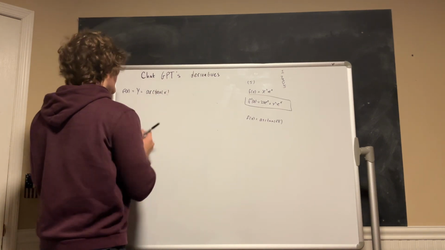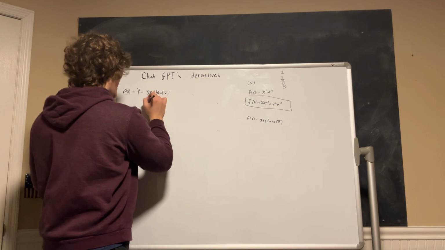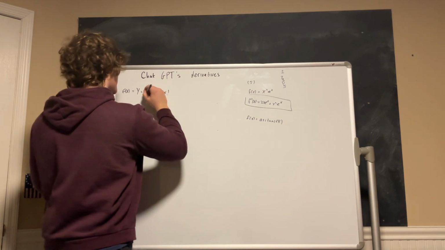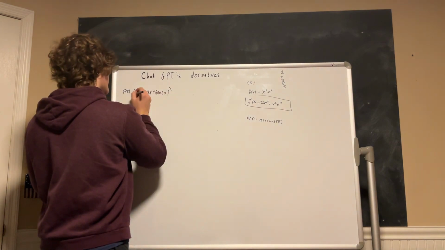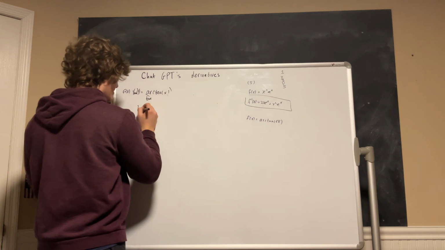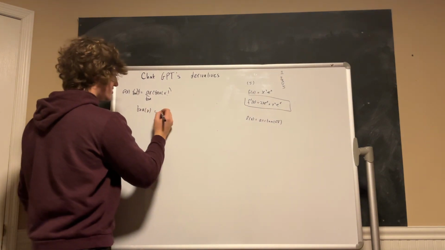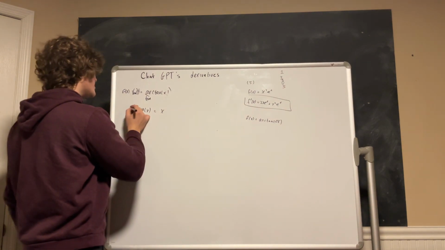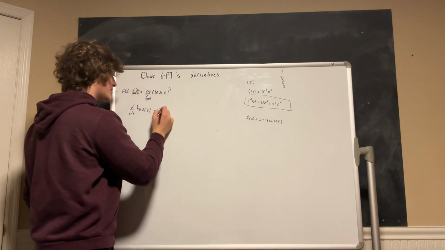So arctan x, now we need to take the tangent of both sides. So tangent of y is equal to x. Now we differentiate both sides with respect to x.